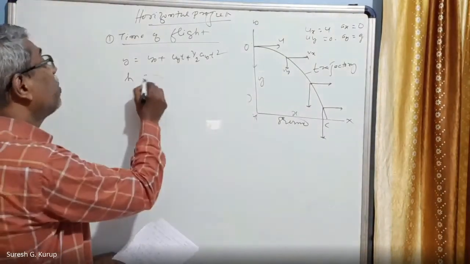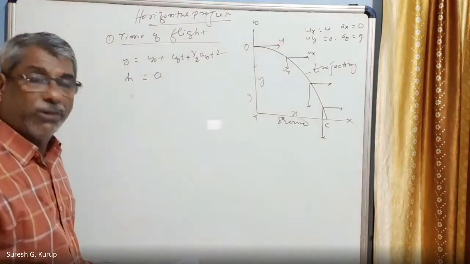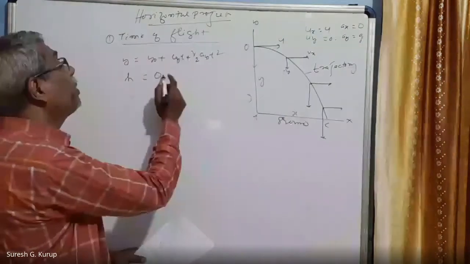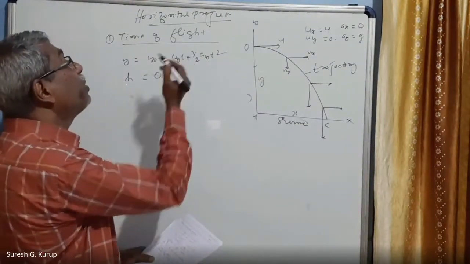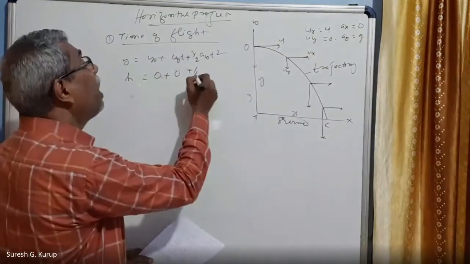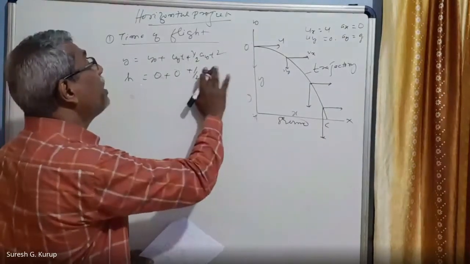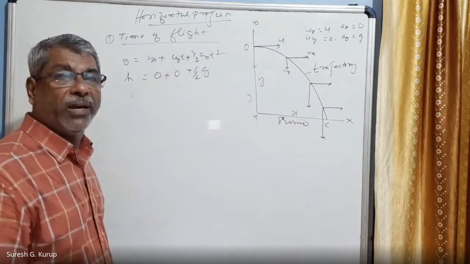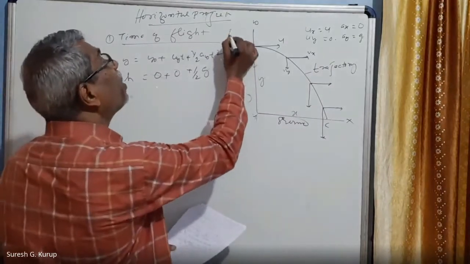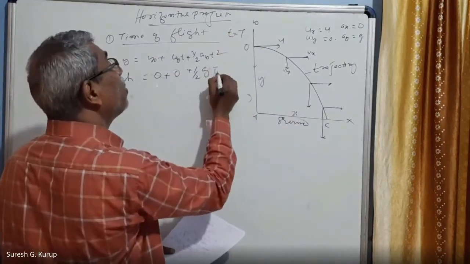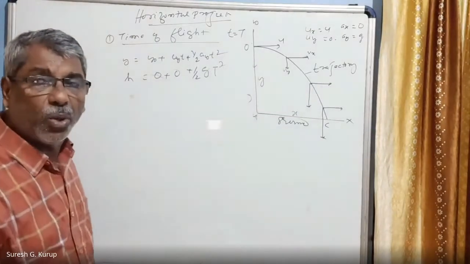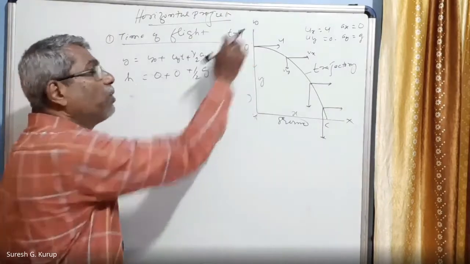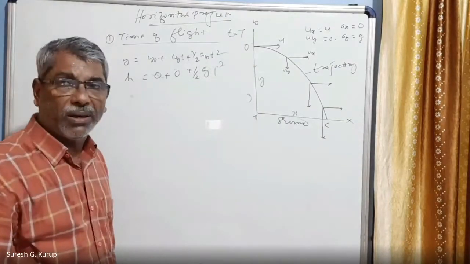The initial position of the body was at the origin, therefore y0 equals 0. Initial velocity uy also equals 0. 0 into any quantity is equal to 0. Plus half into ay, which is equal to g only. Total time the body was in the air, small t, is equal to capital T, therefore t square becomes capital T square. So that is the time of flight.